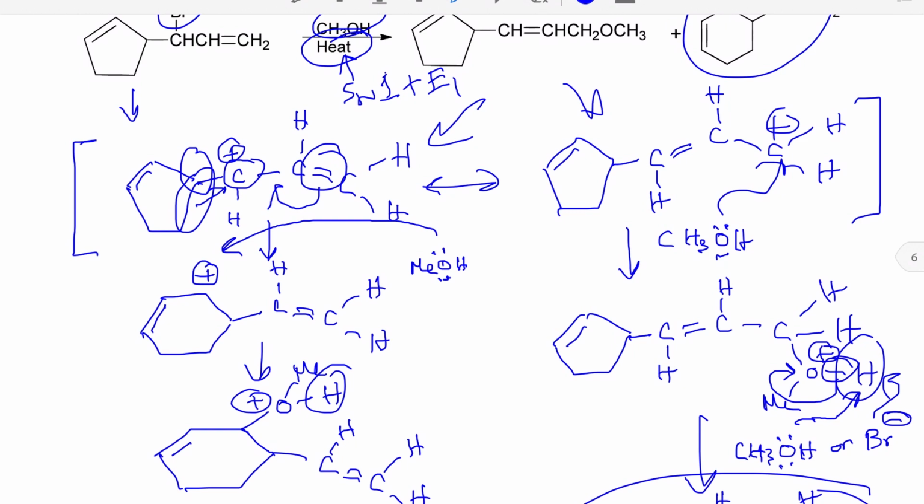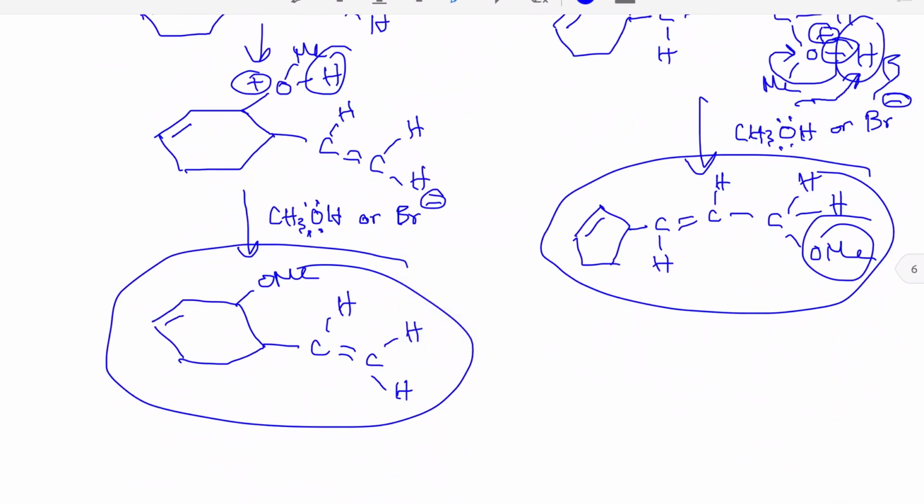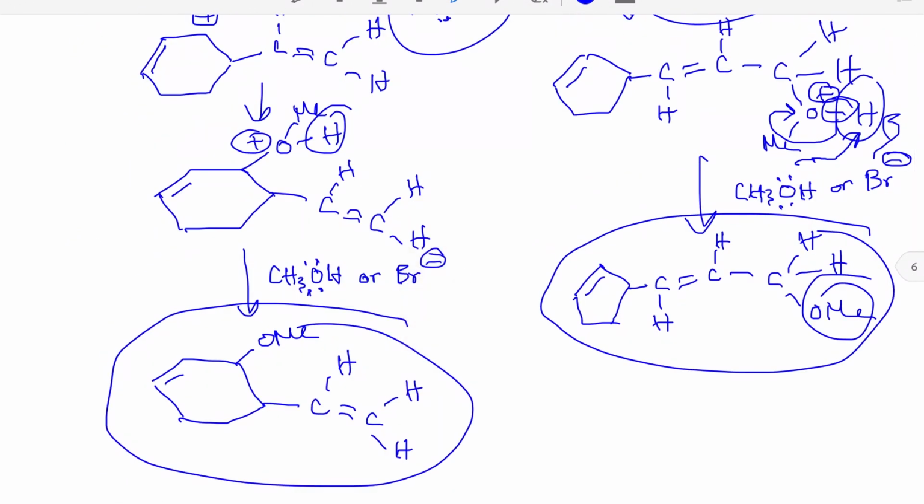With a few differences, what we see here is in the first step, methanol and methanol both interact with a positive charge, right? Later on, in order to remove the proton, either a methanol molecule or a bromine anion react with that proton to deprotonate, and we get our final products, which are different from each other, right?